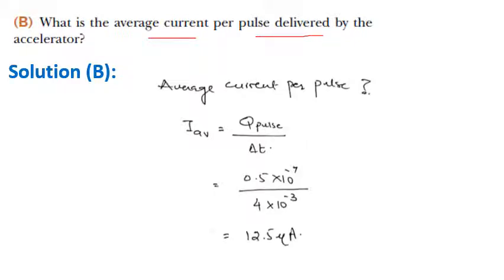We will use I average equals Q pulse divided by T. To find the average, we will use time 4 into 10 to the power minus 3, that is the time interval between the two pulses. We have the value of Q from part A, and we have the value of time, and the average current will be 12.5 microamps.